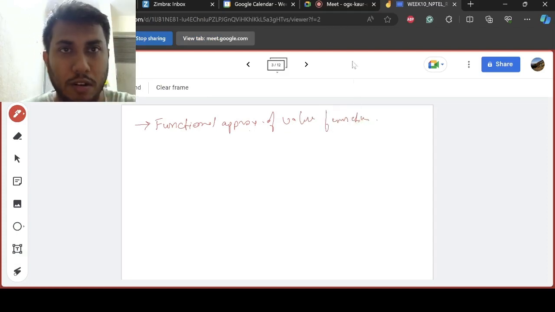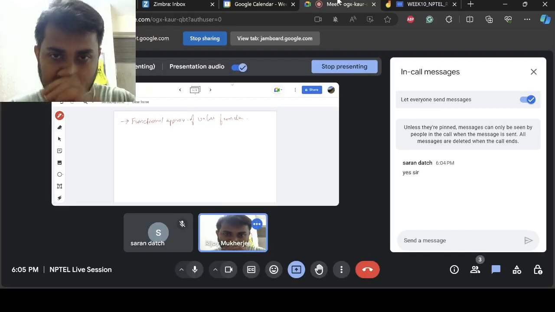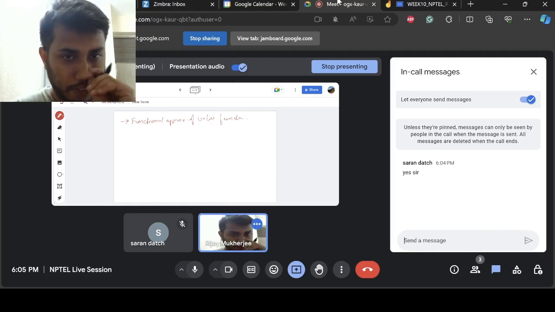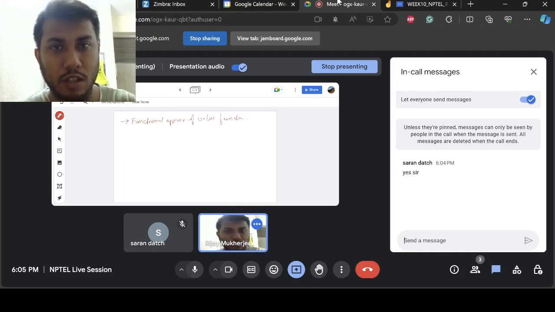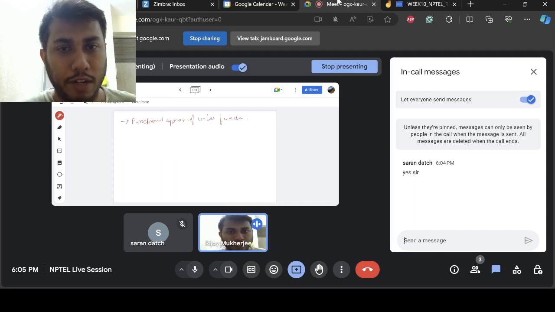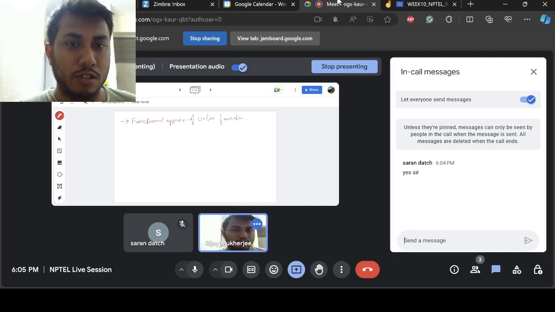So what was the reason we went for functional approximation of value functions? Previously, we used to do a tabular kind of work. Now, why did we want a functional approximation for value functions?